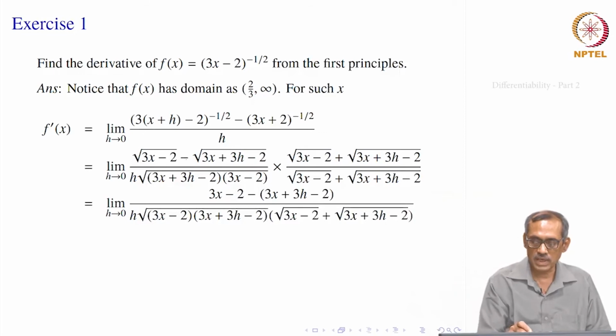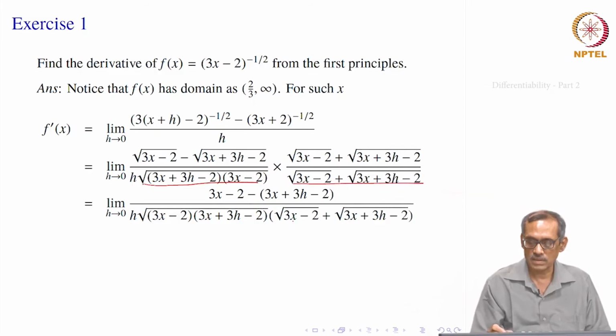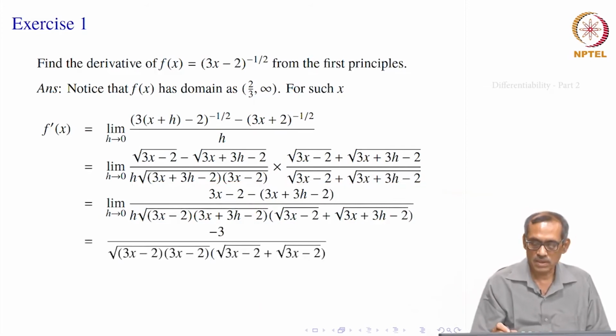So, that gives 3x minus 2, a minus b into a plus b: 3x minus 2 minus 3x plus 3h minus 2, divided by h times this as it is and this also as it is. And on the top we find it cancels 3x with 3x and minus 2 with minus 2. So, we get minus 3h and one h is there. So, this h cancels with 3h.